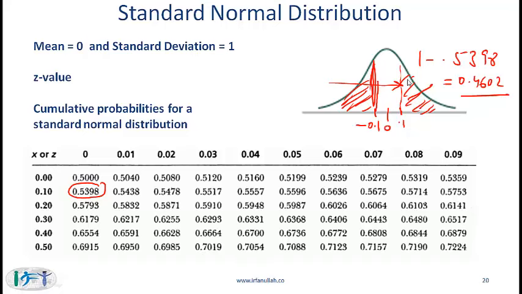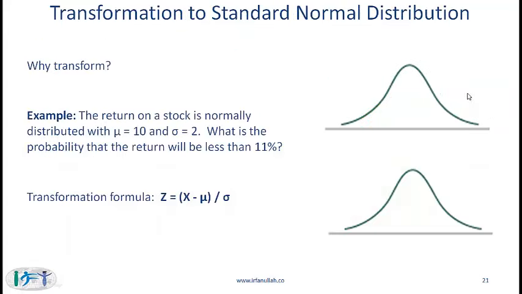Now this 0.4602 is the same as the probability to the left of minus 0.1 because the distribution is symmetric. So the answer to the original question, what is the cumulative probability for z equal to minus 0.1, is 0.4602.